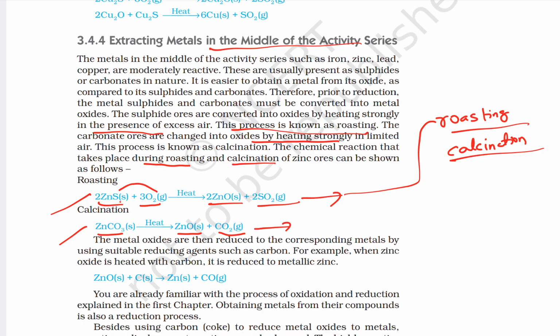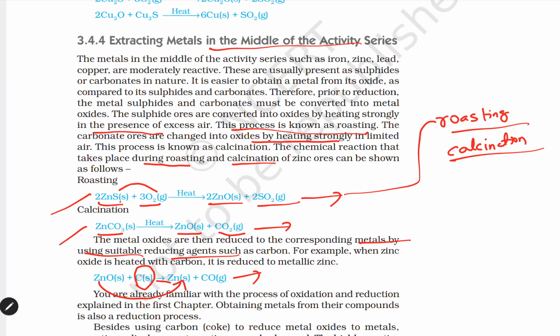After getting the oxide, what do we have to do? The metal oxides are then reduced to the corresponding metals by using suitable reducing agents such as carbon. When zinc oxide is heated with carbon, it is reduced to metallic zinc, and carbon monoxide gas is released.